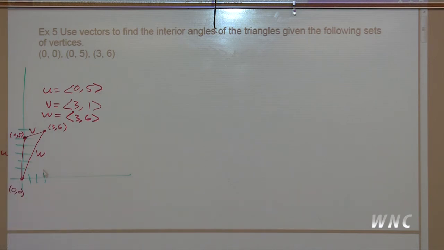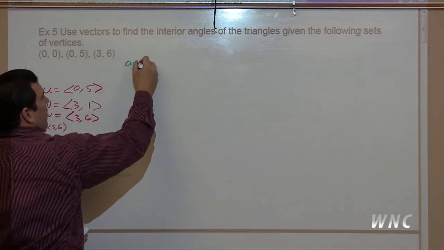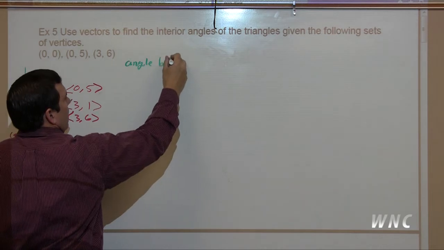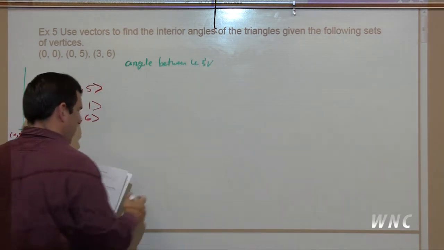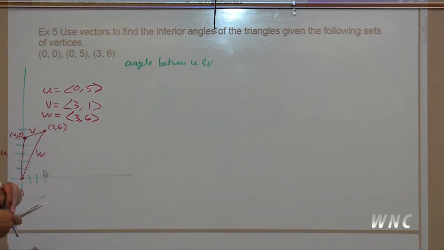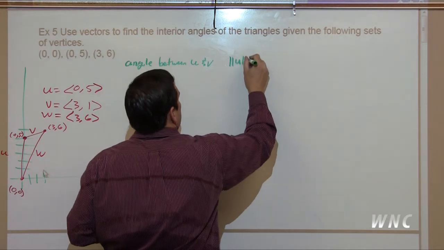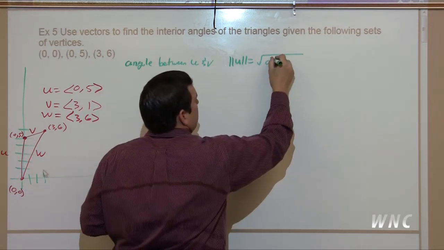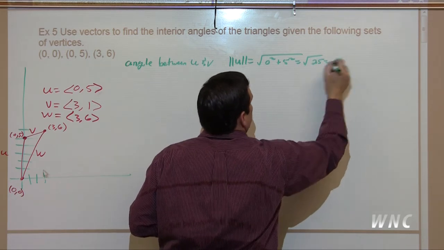So let's get the angle between u and v. First, the magnitude of u is going to be the square root of 0 squared plus 5 squared, square root of 25, which is 5.